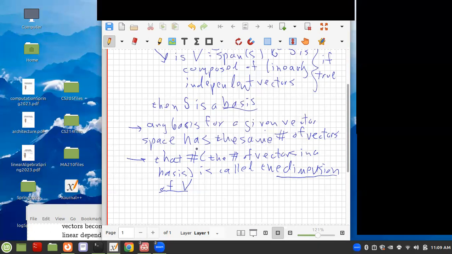But since the number of vectors is independent of the particular basis you found, it's a property of the space as a whole, because it doesn't matter which basis you found. That's why you say it's the dimension of V.